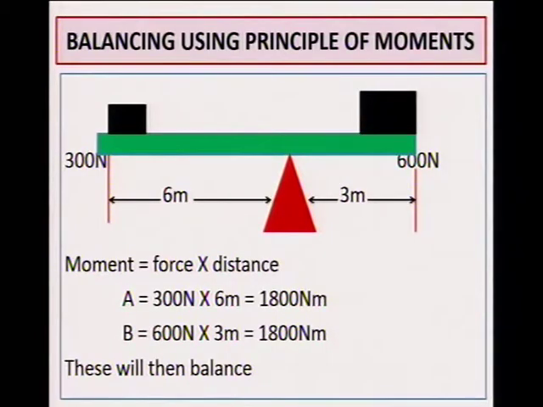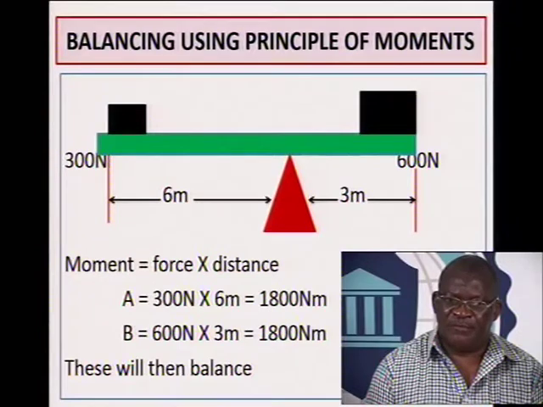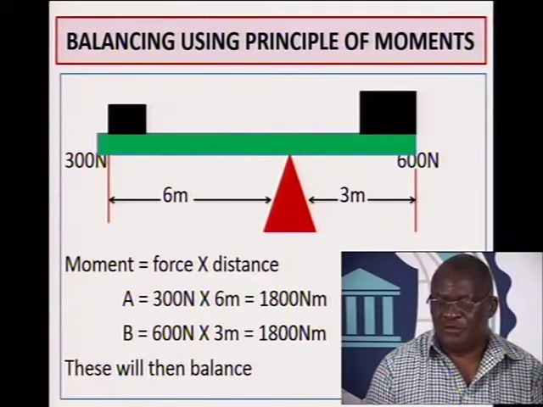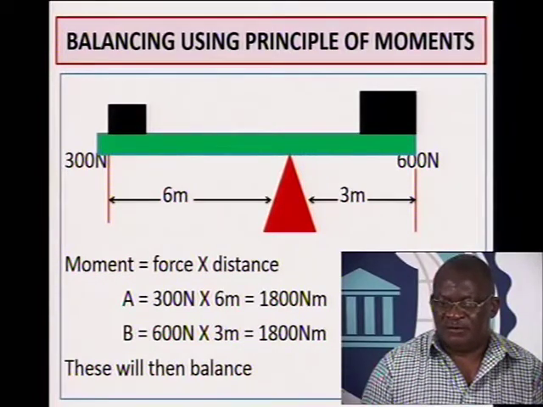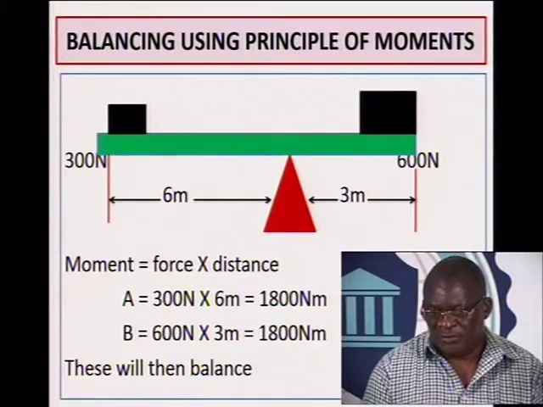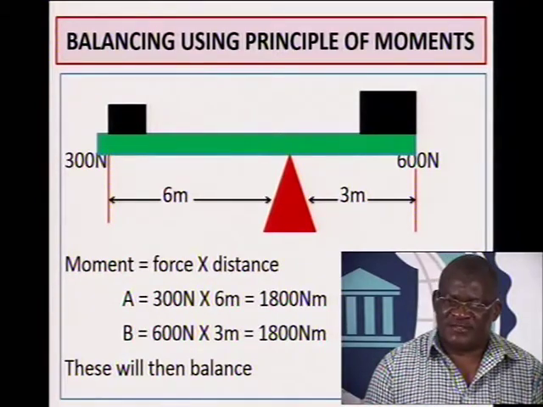Right, then we look at the principle of moments. For example, when we look at the seesaw, we have two people, one at one end and one at the other end. When the seesaw balances, that is where we look at the principle of moments.